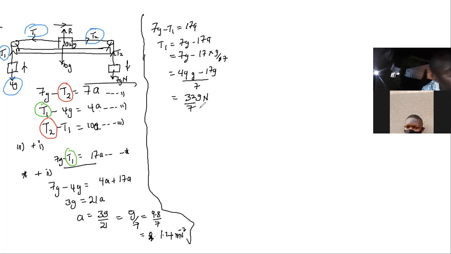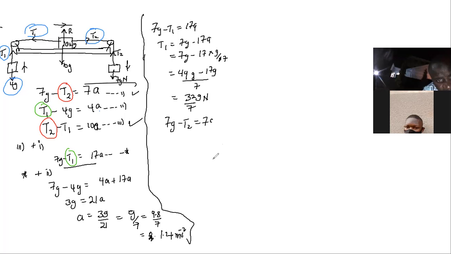Then consequently, we can have also T2. Either you use this one or you can use the first one. If I use the first one, 7G minus T2 is equal to 7A. So T2 is equal to 7G minus 7A, which is 7G minus 7 times G out of 7.